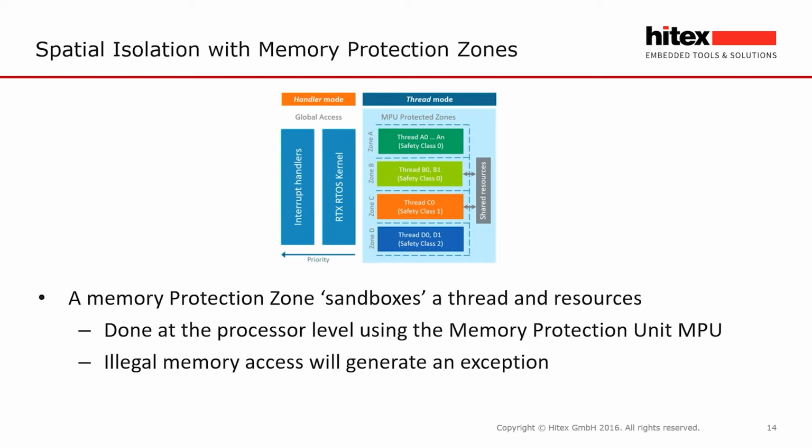So it would be given RAM, it would be given its peripherals and its flash, so that as it executes, if it goes outside of its protection zone, an exception will be raised. When we switch to another thread, we have a callback function that allows us to reprogram the memory protection unit to set up a new zone for the thread that starts running.